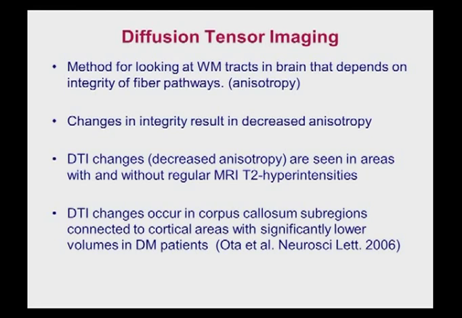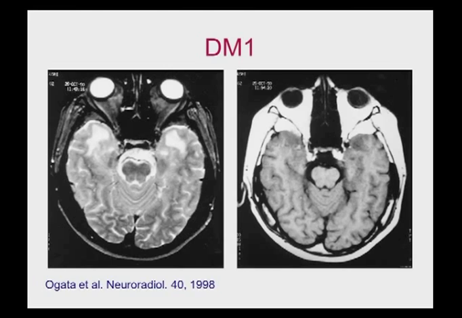So I think it was once thought that there's a pretty tight correlation between these changes and true neuropathology, and I'm beginning to have some doubts, or at least if it is, it's much more subtle than has been thought.